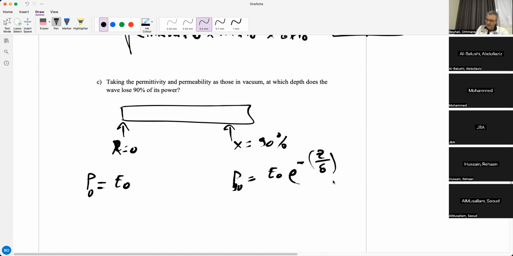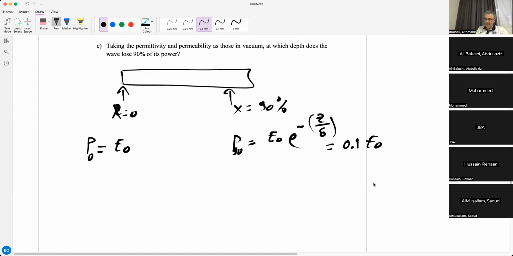And then this will be equal to 0.1 of the initial, because if you lose 90%, what remains is 0.1 or 10%, okay? And then all you have to do is take the ratio of this divided by this.